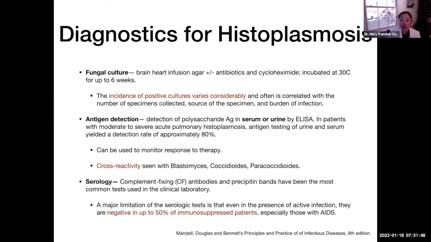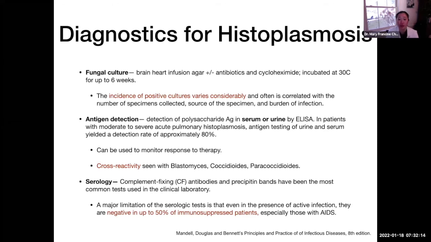You may need to use antibiotics and cycloheximide, especially if you're trying to culture out of specimens that are not sterile, like your sputum. And then that's incubated at 30 degrees Celsius for up to 6 weeks. The con is that the incidence of positive cultures really varies considerably.